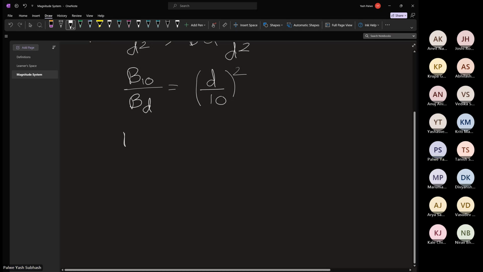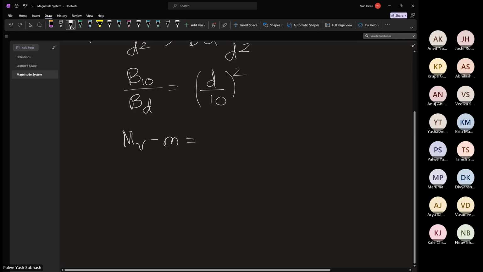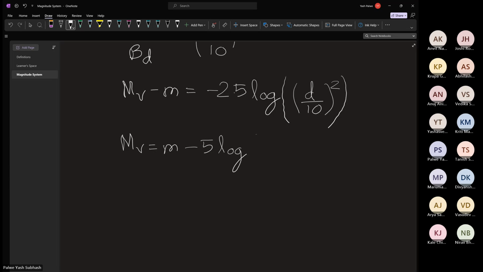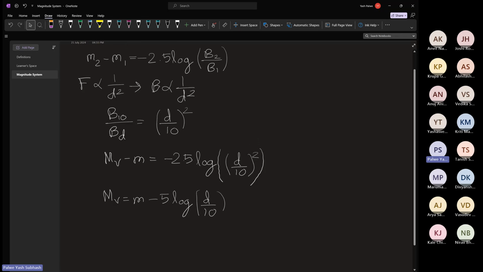So, using the first formula, simple algebra, that's it.